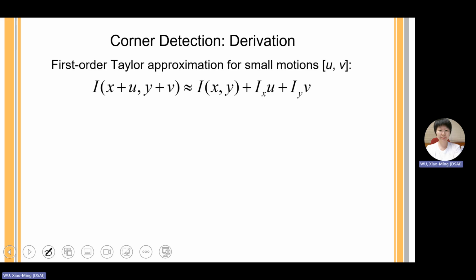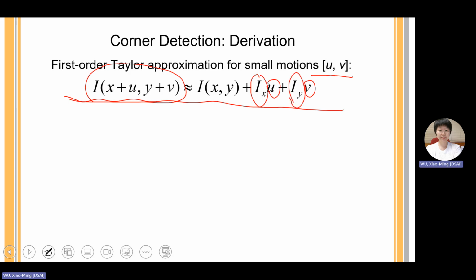Because when u and v are small, we can approximate this function using its first order derivatives.